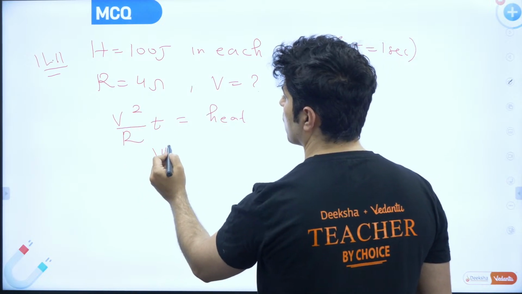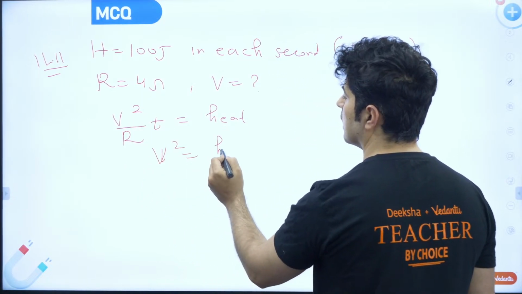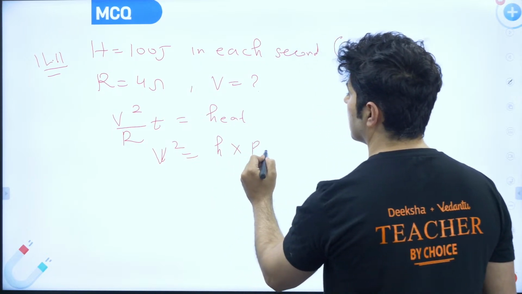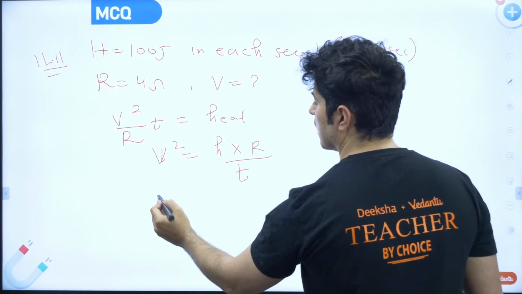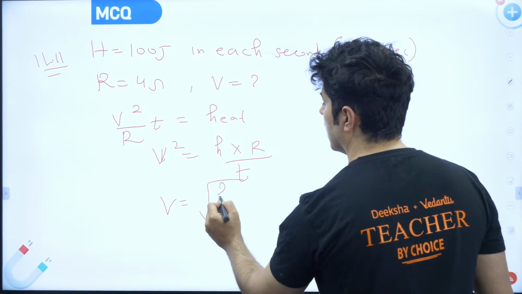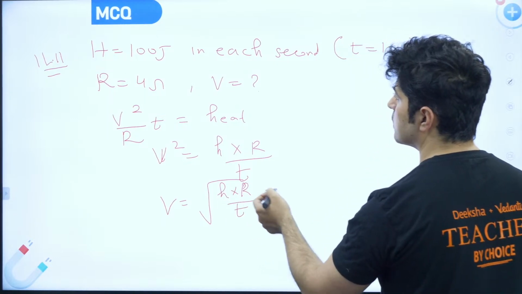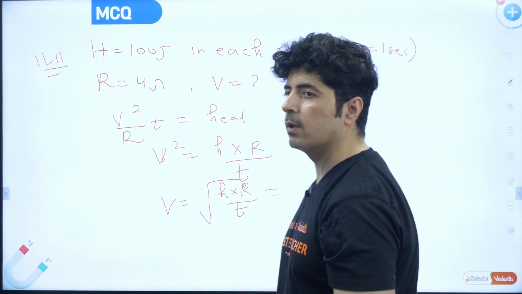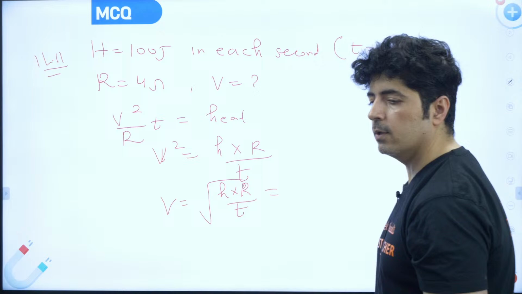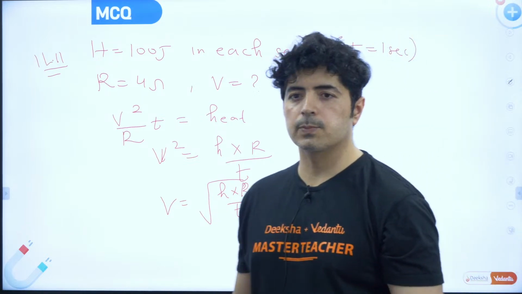So I can write V square is equal to heat H multiplied by R divided by time, or V is equal to square root of H into R by time. So just use it and you can easily solve the problem. This is how you will be solving this problem.